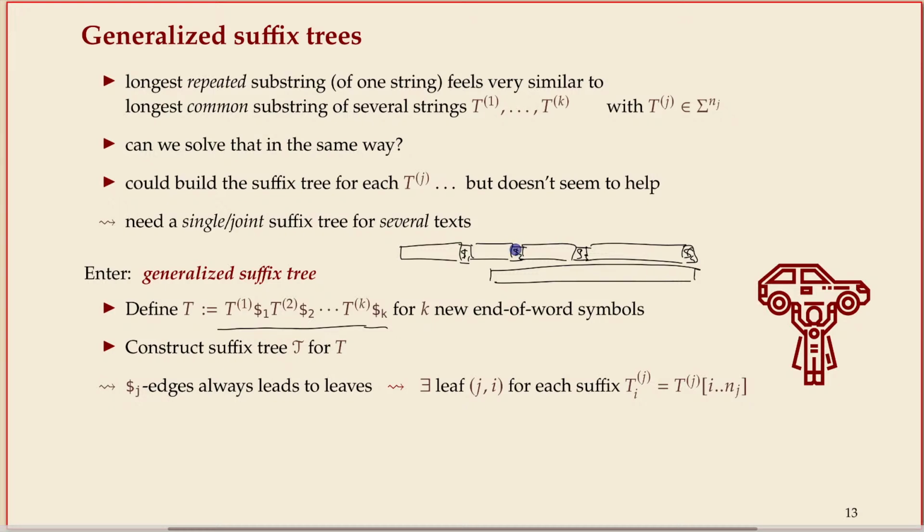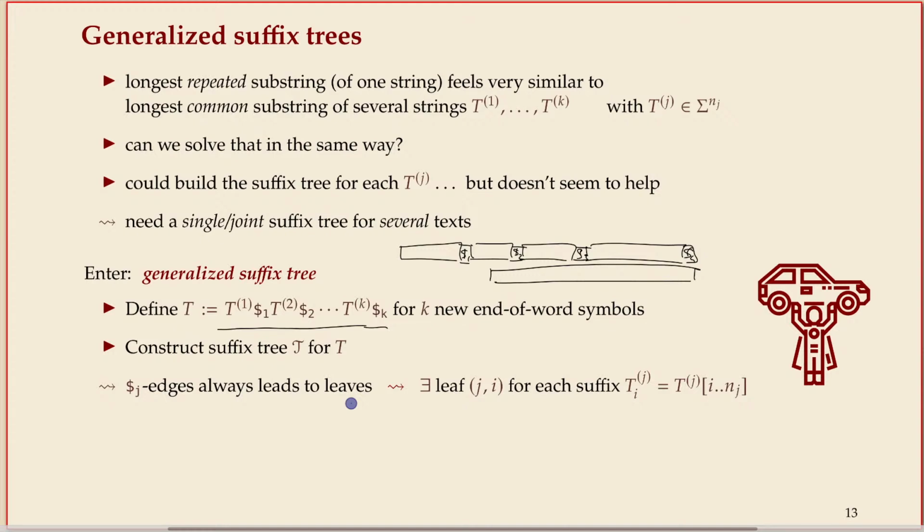At the very latest, when this $2 comes along, it's an edge that is only once there, and you will never have anything else occurring there. There's no way to have that shared. So these dollar edges always lead to a leaf.